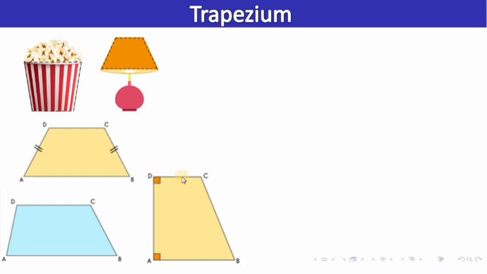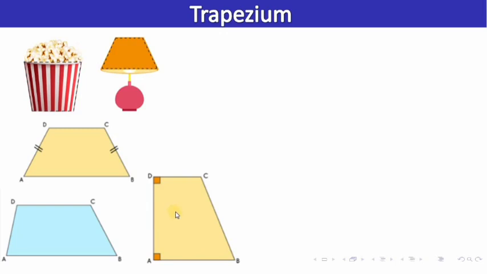Now next is this kind of trapezium. Look at this. In this trapezium, this side and this side are parallel. But here, this side is making an angle of 90 degrees with both of the parallel lines. Such a trapezium is known as a right angled trapezium.